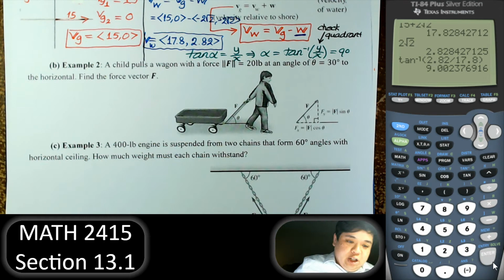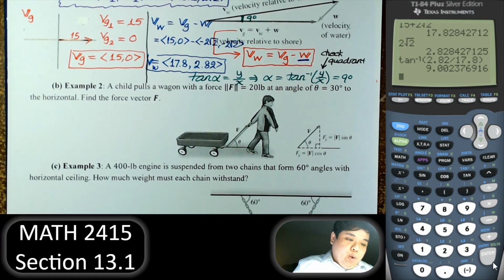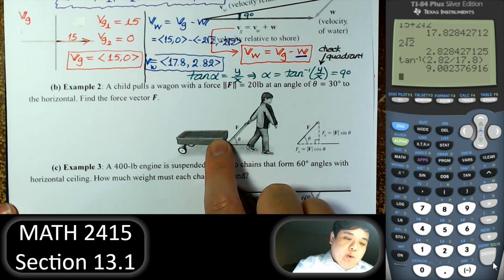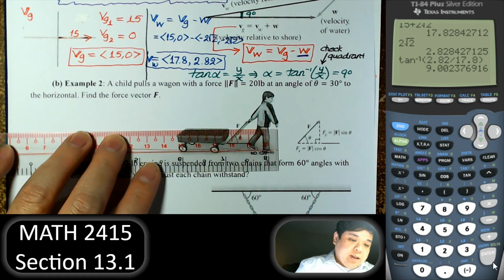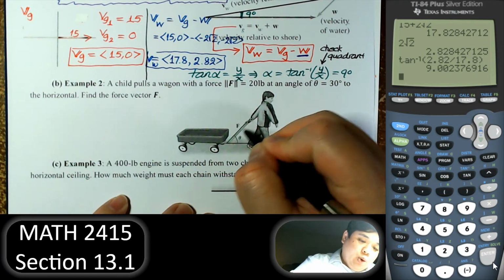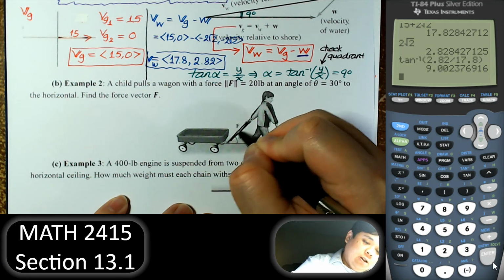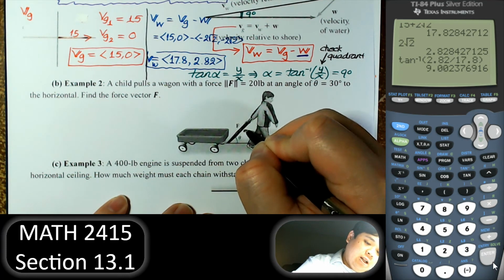Right, next, this will be easier. A child pulled a wagon with a force of 20 pounds. So we know that in this case the force that he pulled is 20 pounds.